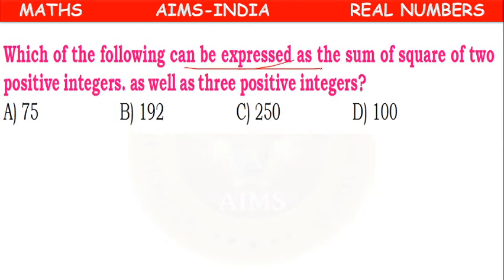Which of the following can be expressed as the sum of squares of two positive integers?